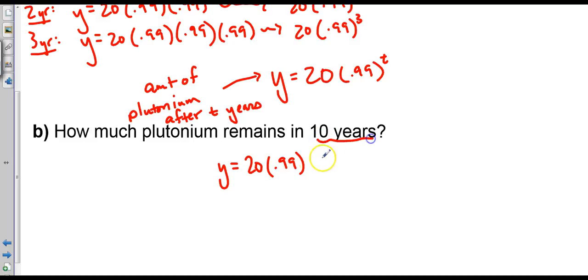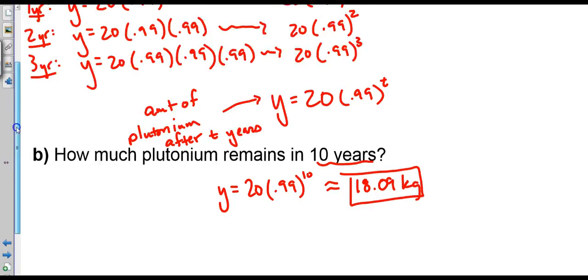And we want to know after 10 years, so we're going to raise that to the 10th power. All right, so plug that into your calculator, and yes, that's a nice thing, is you do get to use your calculators for this portion. Plug that into your calculator and you get about 18.09, and that's in kilograms of plutonium remaining after 10 years.